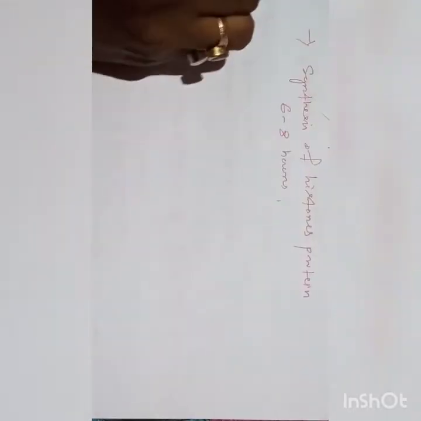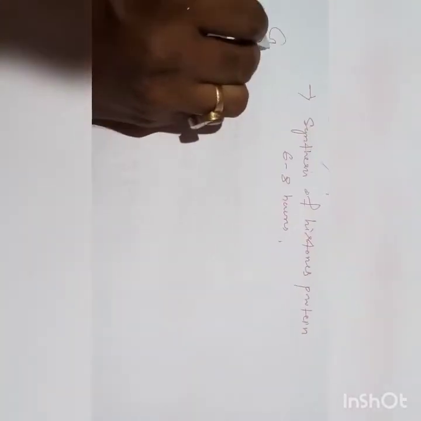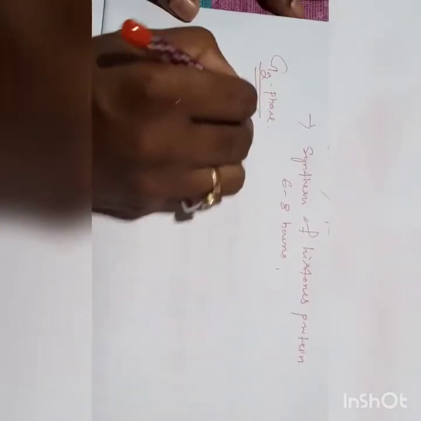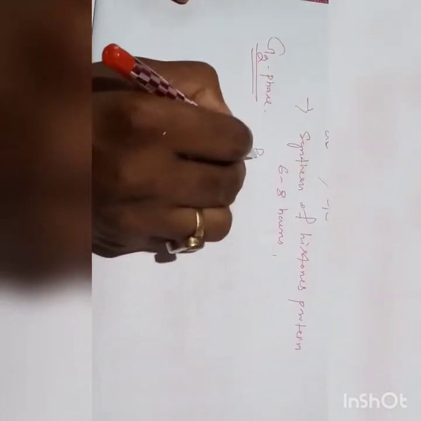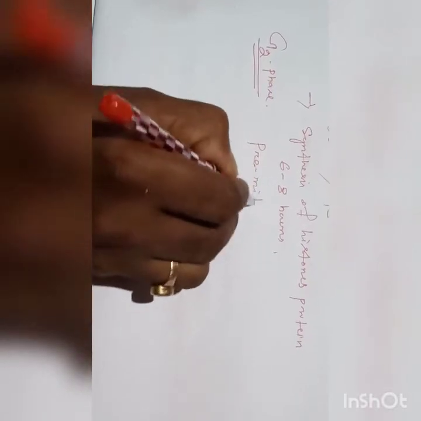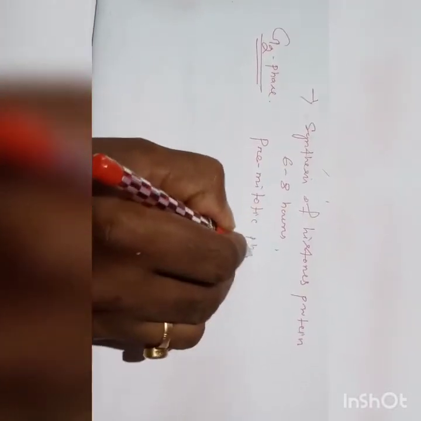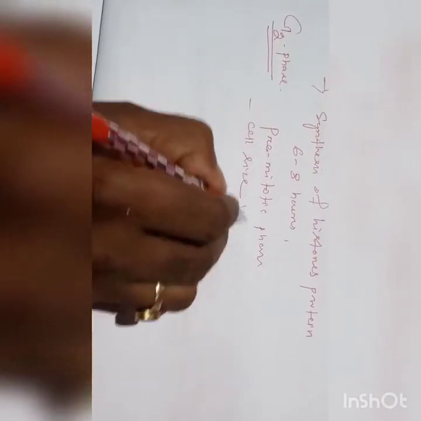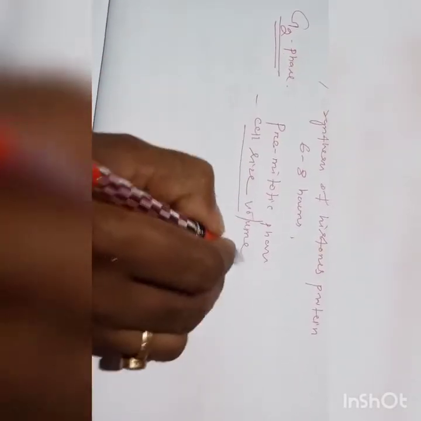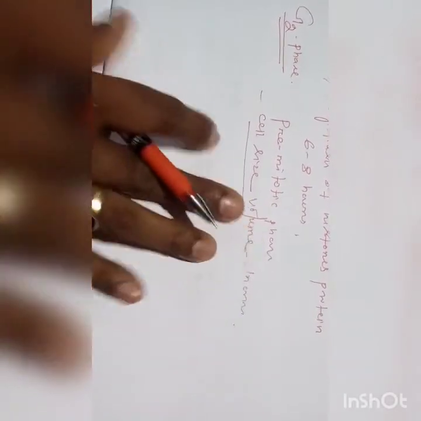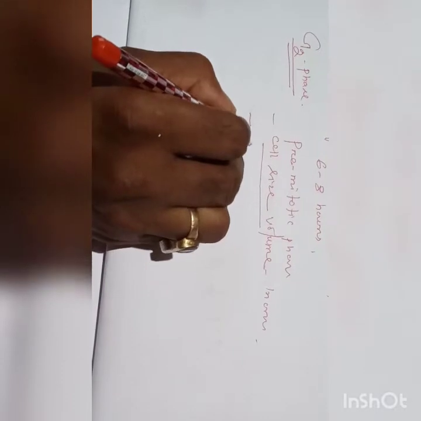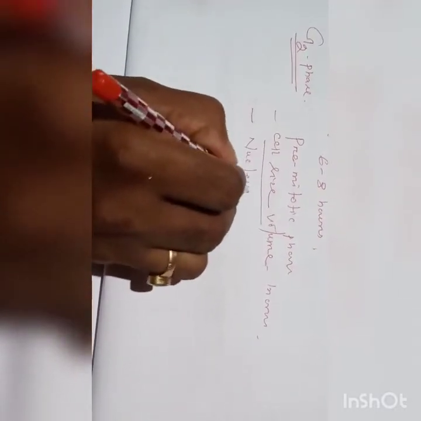So now we'll talk about G2 phase. It is the second growth phase, also called pre-mitotic phase. Here the cell size and volume increase, and the size of the nucleus also increases due to synthesis of DNA in S phase.